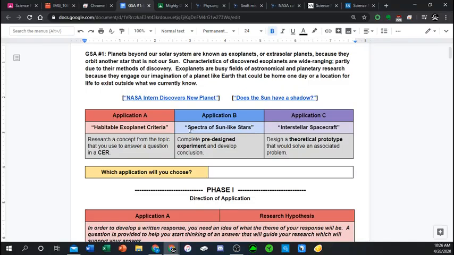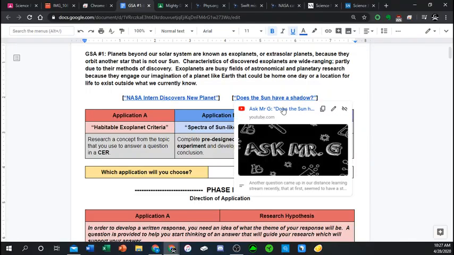Application B is looking at the spectra of sun-like stars. What's a spectra? Picture the light coming from a prism and it not being a perfect rainbow. There being black bars in a perfect rainbow. Those black bars are absorption lines. If you're doing application B, watch, does the sun have a shadow?